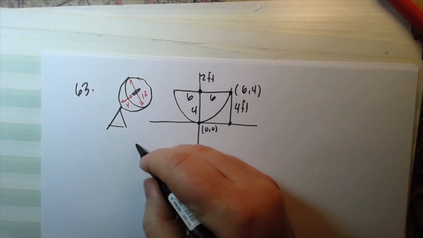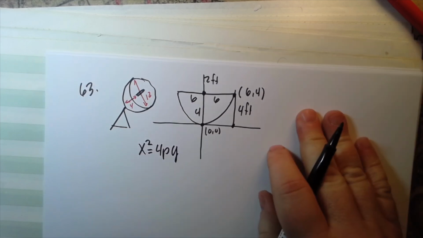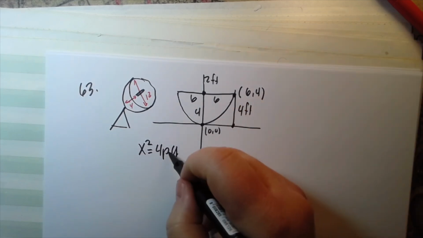Now that means we're going to get the equation x squared is equal to 4py. This is really good because p is the only thing we have to solve for.